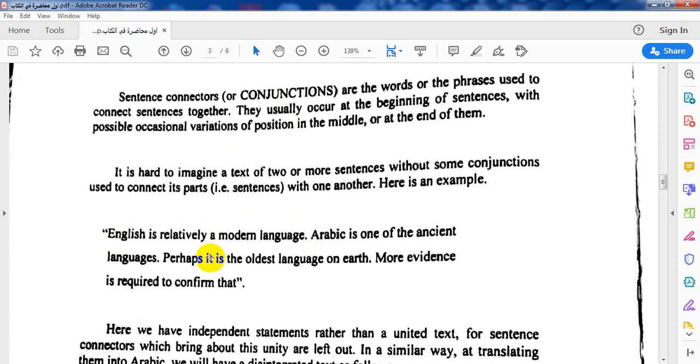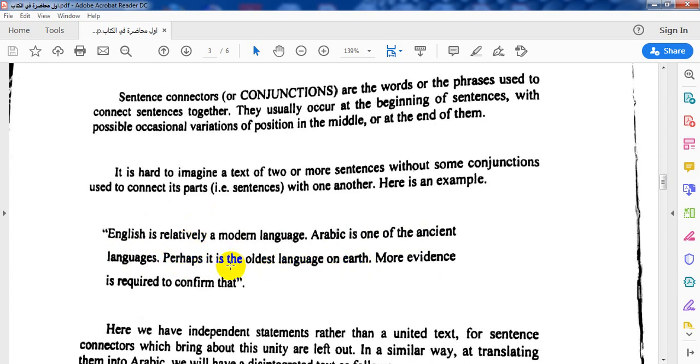They end with a full stop. English is relatively a modern language. This is one sentence. Arabic is one of the ancient languages. Perhaps it is the oldest language on earth.